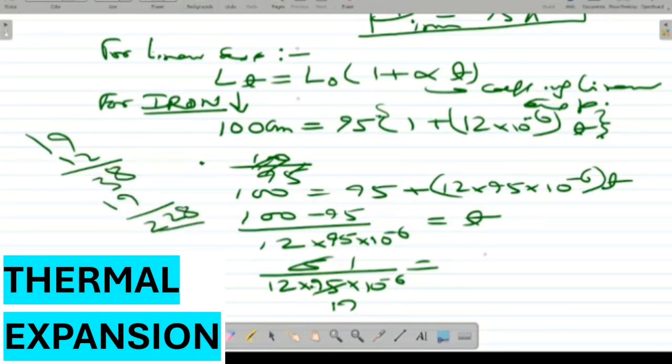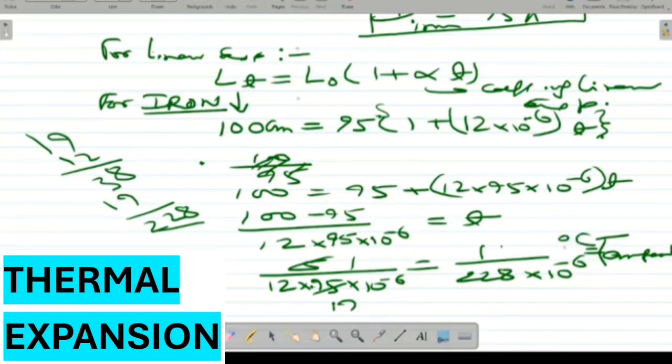This will be 1 by 228 into 10 to the power minus 6, which is equal to the temperature required in degree centigrade.